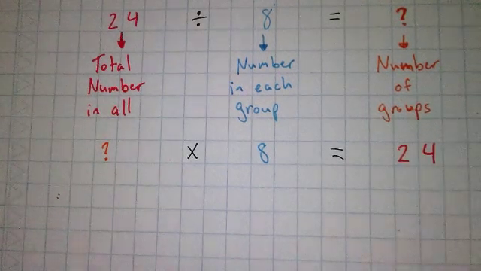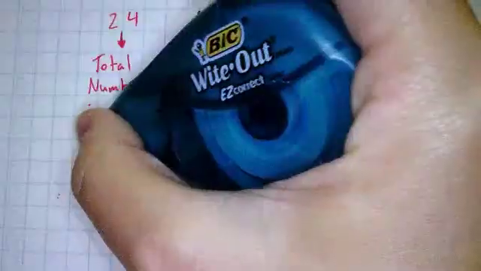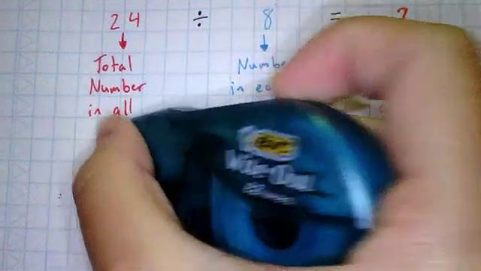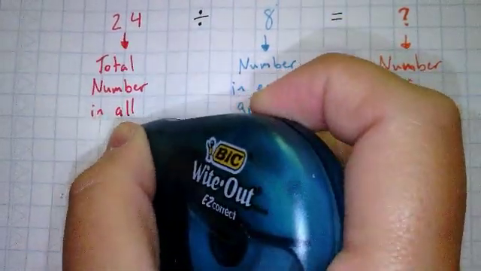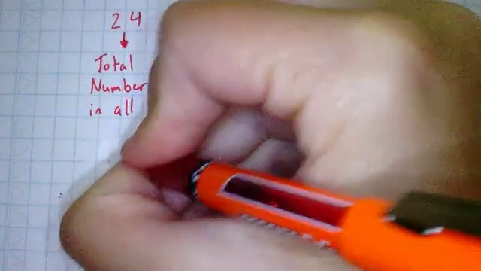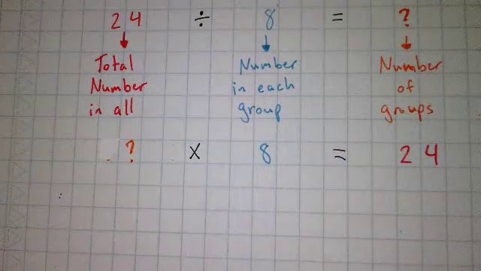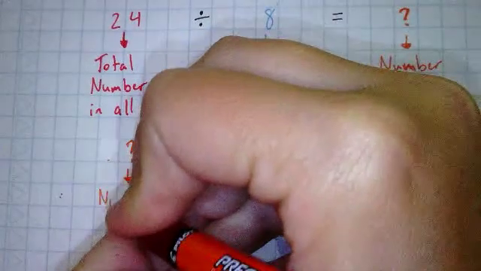Now, these numbers stand for the same things, okay? I'm actually going to move that over 1 because I don't like my spacing. Hello? Work with me. There we go. I didn't really mess up. I just want to move it over 1 box because the spacing was bothering me. So they stand for the same things. My question mark is still the number of groups.